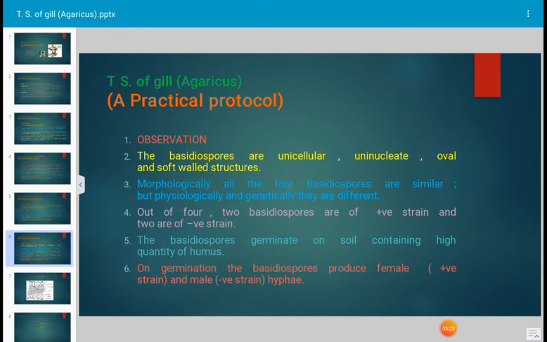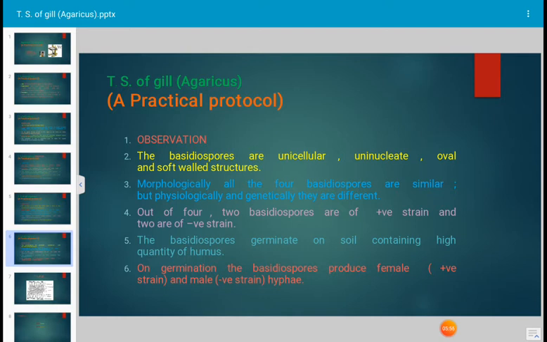Humus in the soil favors the growth of the Agaricus, and many fruiting bodies are developed out of the soil surface. On germination, what happens? The basidiospores produce two types of hyphae, because the positive strained basidiospores produce positive strained hypha, and negative strained basidiospores produce negative strained hyphae.